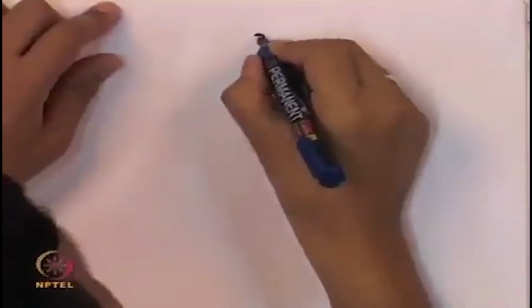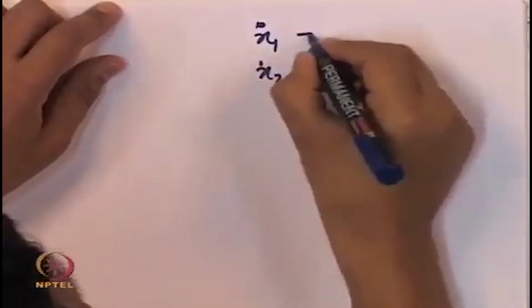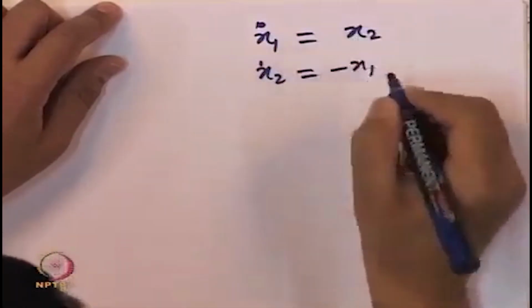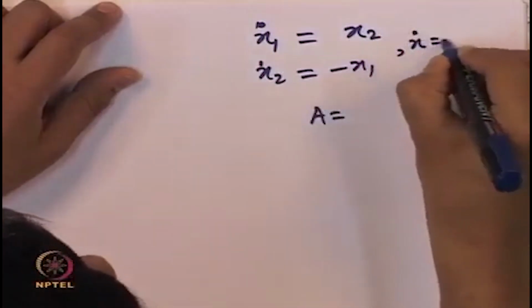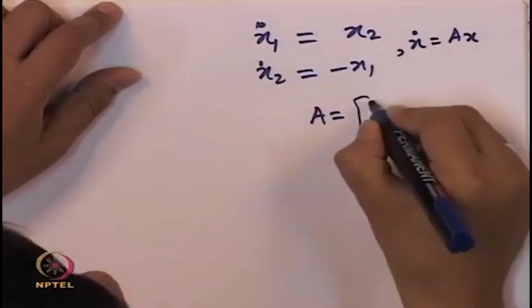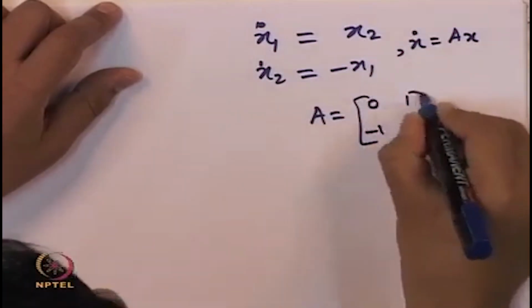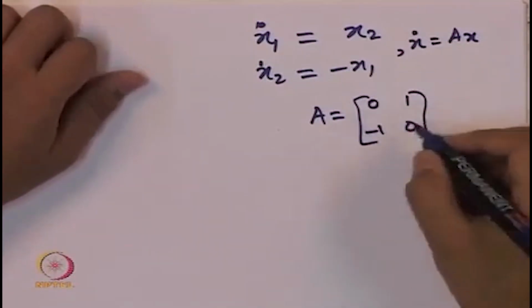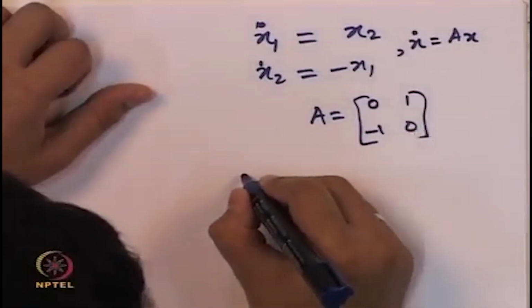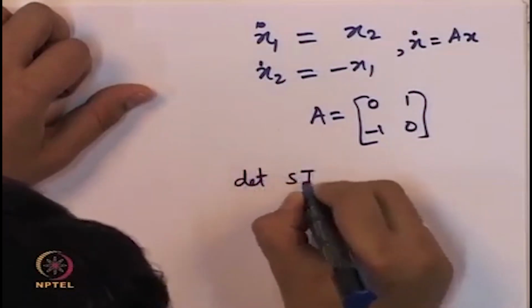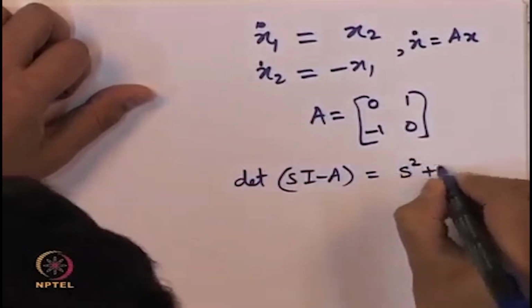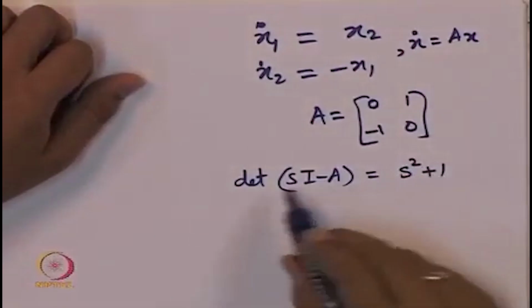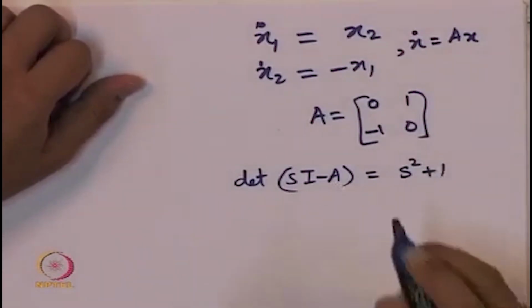So let us take an example of a linear system. The corresponding matrix A, this can also be written as x dot is equal to Ax, where A is equal to [0 1; -1 0]. So let us check the eigenvalues for this matrix A. The determinant of sI minus A, the characteristic polynomial, turns out to be s squared plus 1.